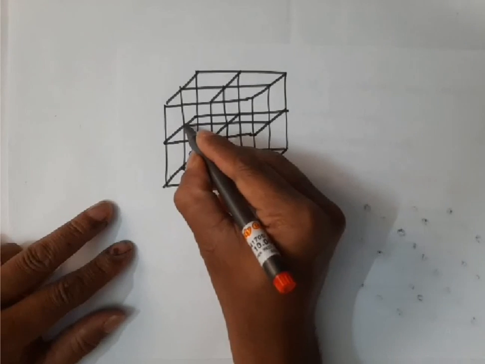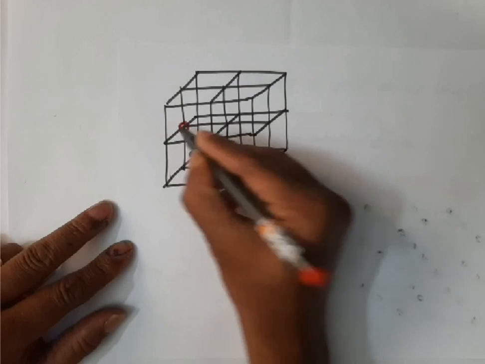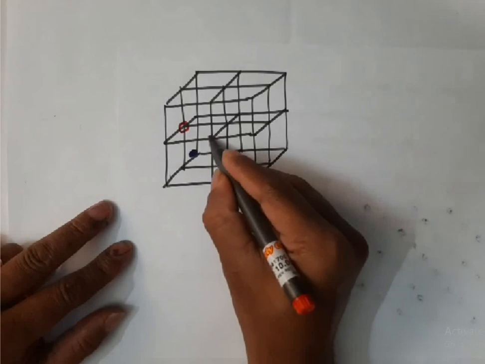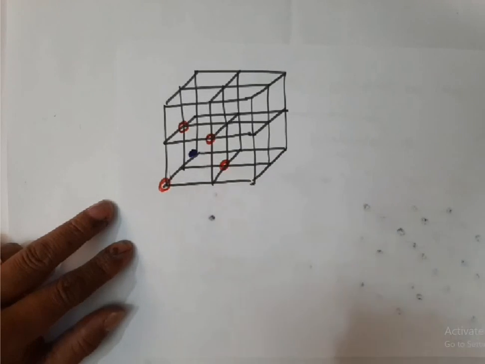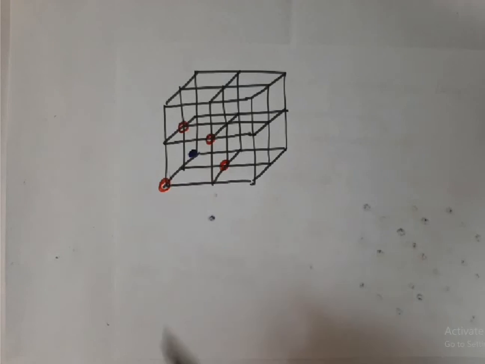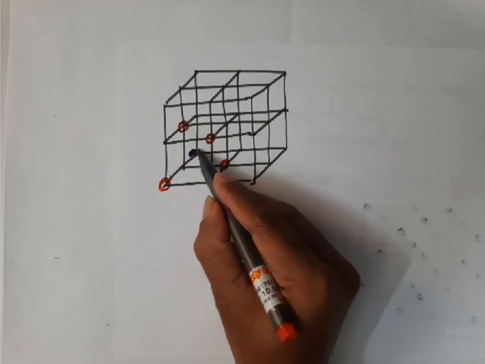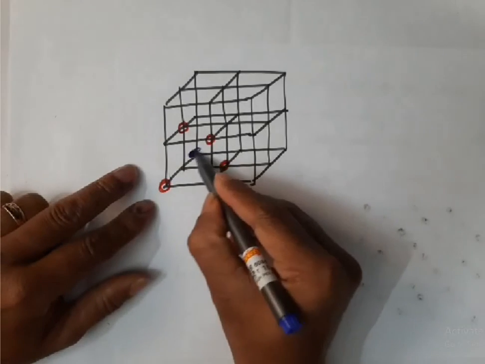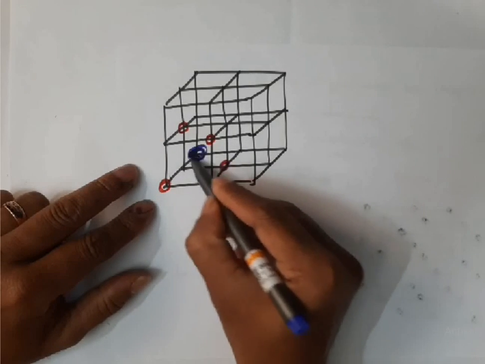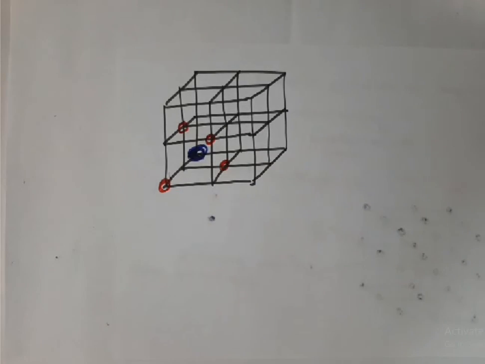One atom here, 1, then an atom here, 2, then atom here, 3, and an atom here, 4. Actually, this atom is not present in the corner. It is actually present at the center of the small unit cell.